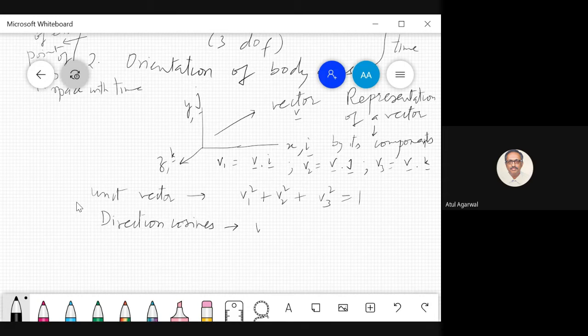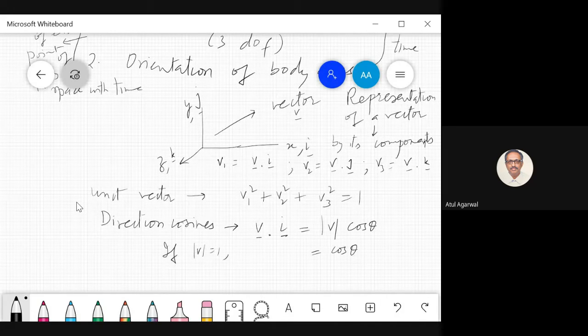You have a vector v, take its dot product with I. What do you get? Magnitude of v, magnitude of I is 1, and the angle between v and I is theta, so the cosine of that. If the magnitude of v is 1, then you get cosine theta. So this dot product gives you the direction cosine.